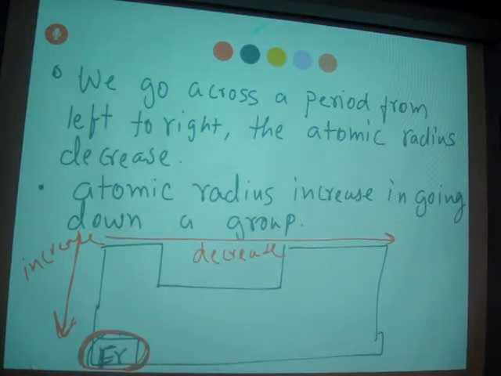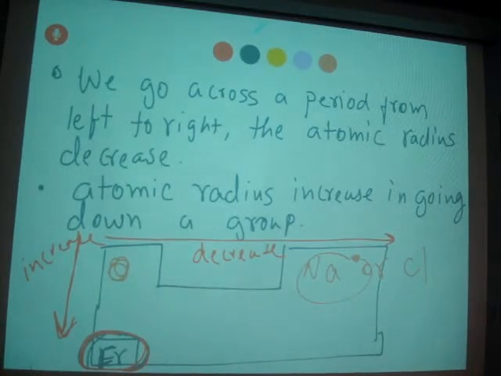That way you interpret the trend. Let's say two or more elements are given, and you need to write which one is larger. For example, if Na and Cl are given, which one is larger? Looking at the trend, Na is here and Cl is somewhere over here, so Na. That's how you interpret the trend.